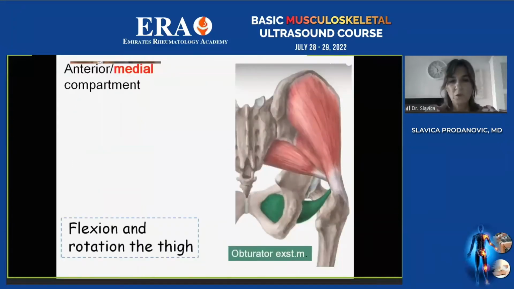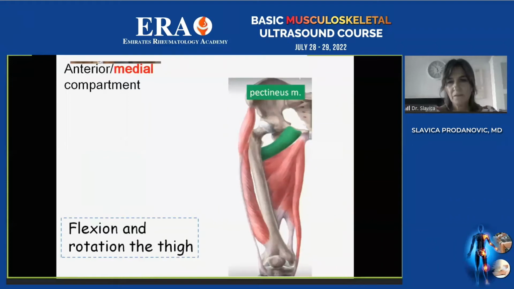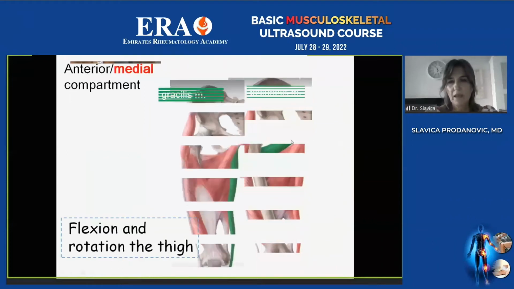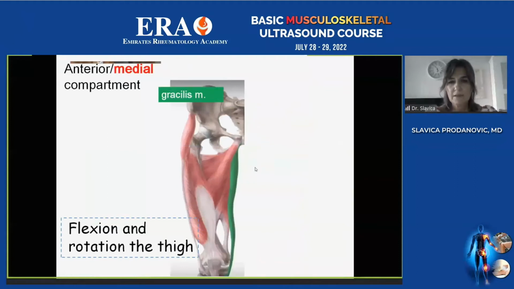Then we are moving to the medial compartment. We have three main muscles: the obturator externus muscle, then the pectineus muscle that is more medial, and the gracilis muscle. All those muscles provide us flexion and rotation of the thigh.